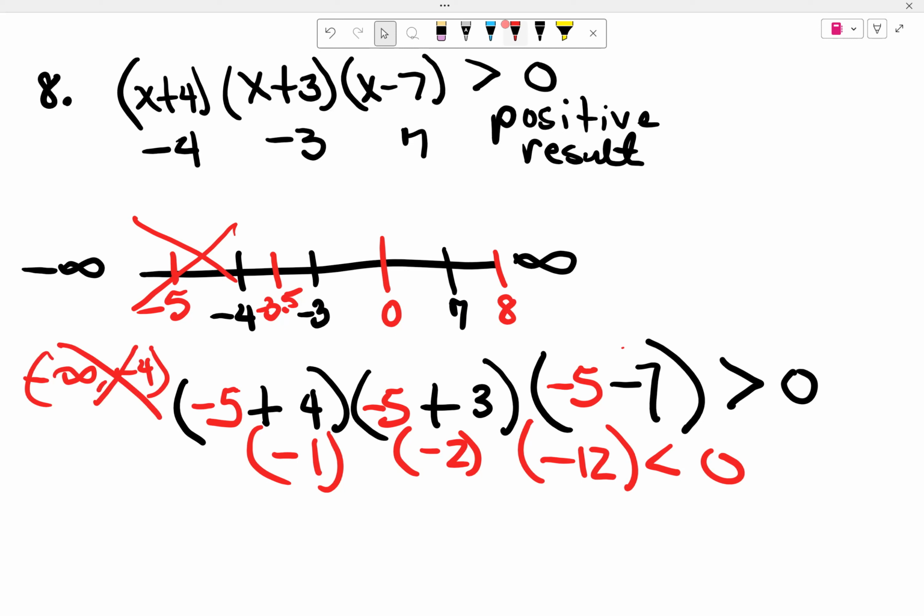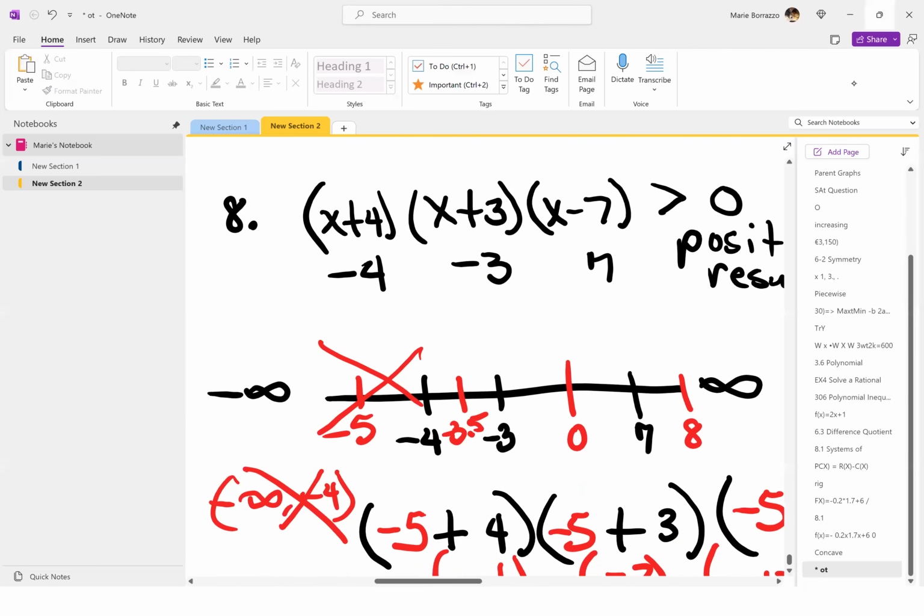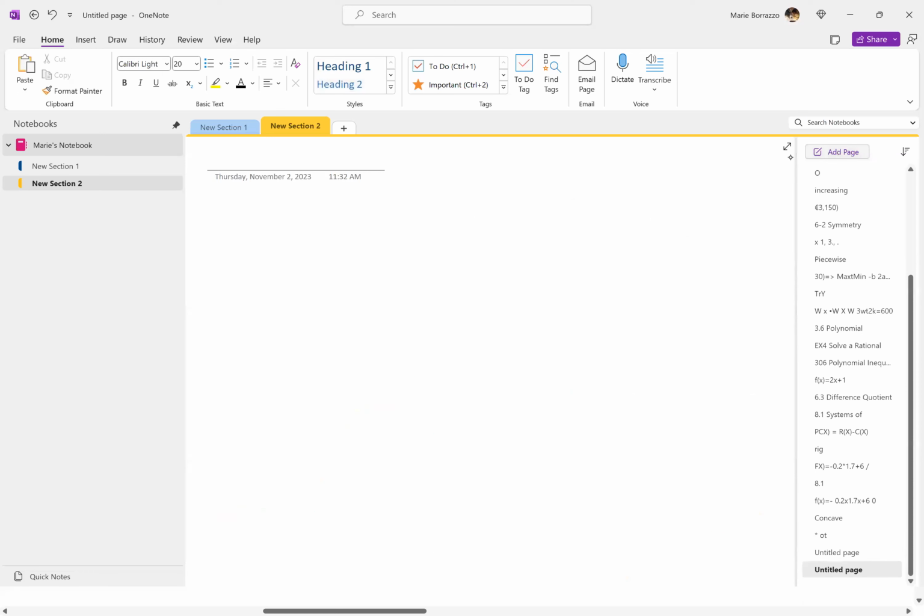Okay, we repeat this process. Let me switch pages. This is getting a little cumbersome here. Bear with me. Okay, let's continue with the same question. I'll do the same thing again.